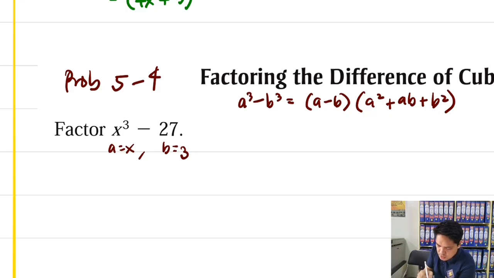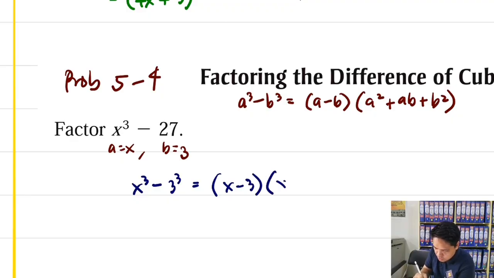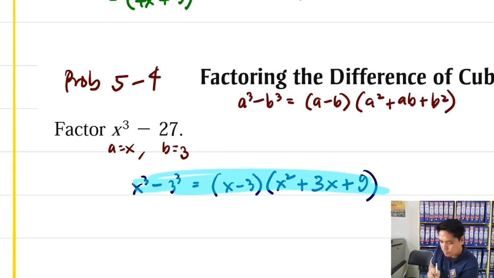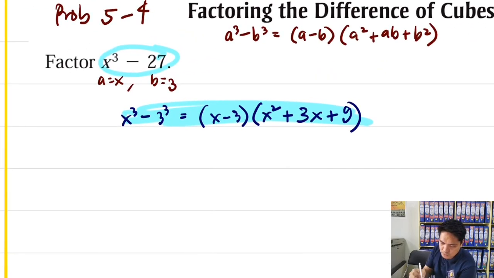So following this factorization, we say that x cubed minus, let's rewrite this as 3 cubed, is just equal to a minus b, which is x minus 3 times a squared, so that's x squared, plus ab, plus b squared. So 3 squared is 9. So this is the complete factorization of this particular problem. That's for problem 5-4.